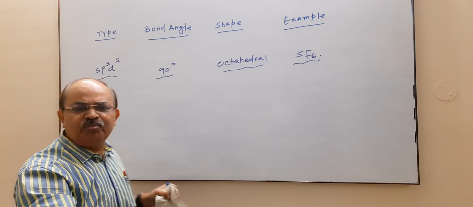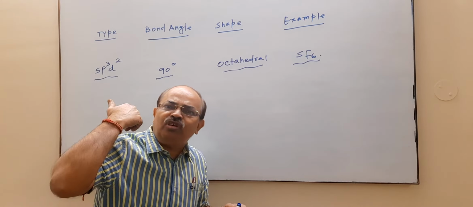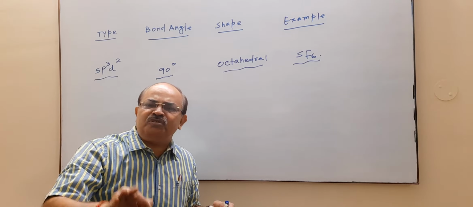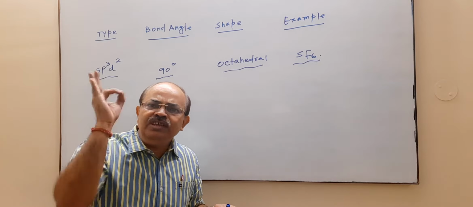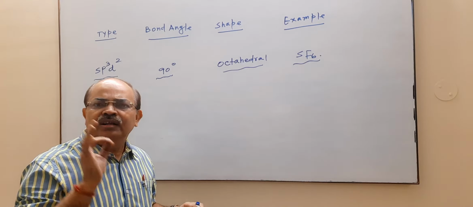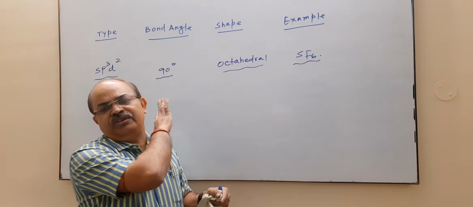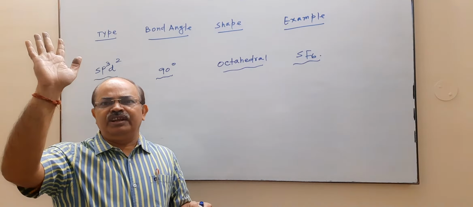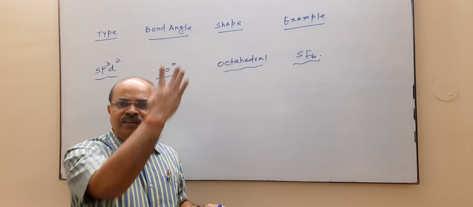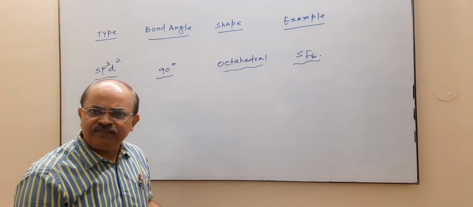So they will form your 6 hybrid orbitals. Each and every one of those 6 hybrid orbitals will be named sp3d2, sp3d2, sp3d2, with equivalent energy and identical shape. Bond angle we say 90 degree.